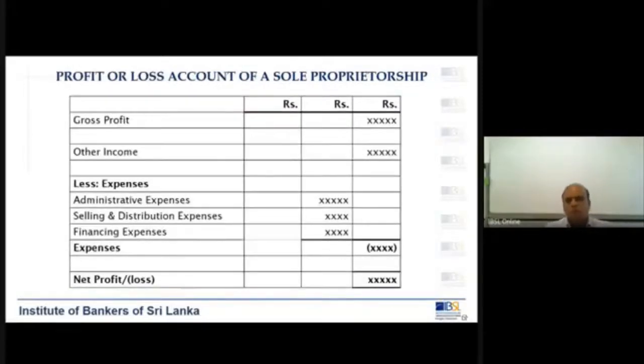Now, when you look at the profit or loss account of the sole proprietorship, which is to calculate the net profit, your starting point is going to be the gross profit. Then you will add all the other income that you may have received in the business.